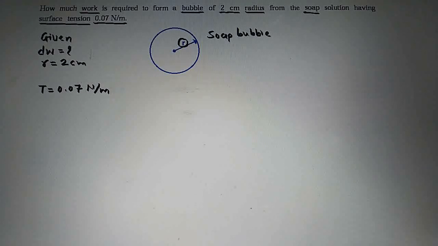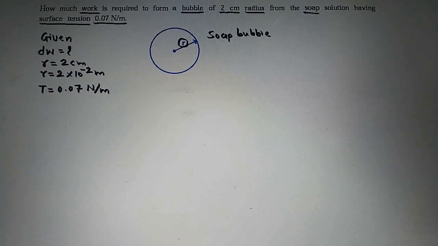Now we will check the units here. The surface tension has the unit Newton per meter. Newton means kilogram meter per second square. Then we have to convert this radius. Now we will convert this radius into meter here. So we can write here 2 into 10 raised to minus 2 meter.